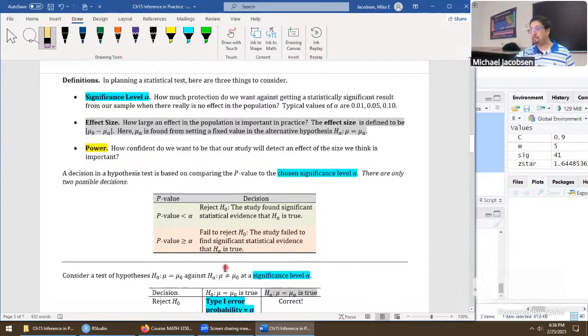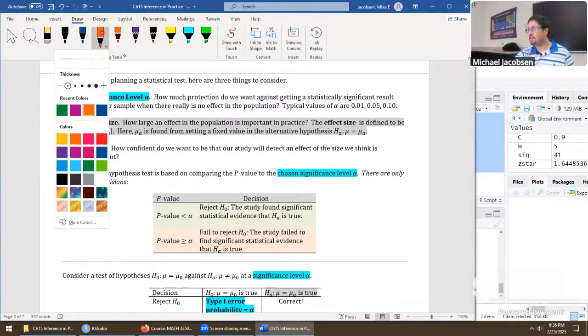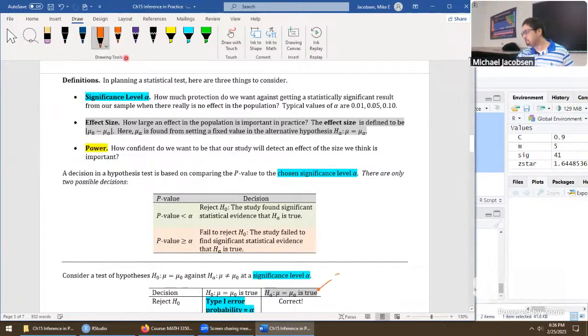It's one of infinitely many possibilities coming from the not equals, but we need a value set equal to actually compute power. So that's why I always call this one a specific alternative hypothesis.